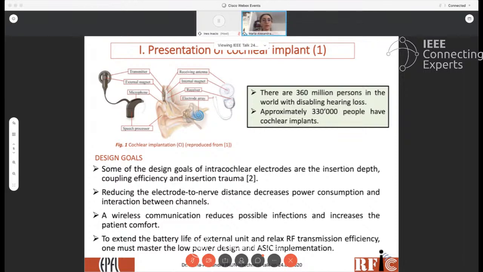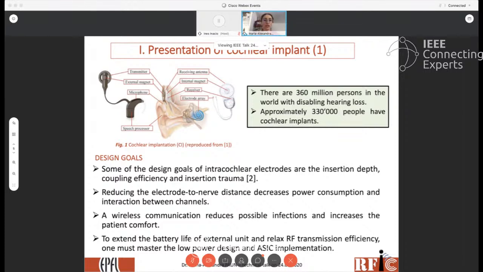If you have a look here in figure number 1, you can see that the cochlear implant is basically made up of two antennas, one on the outside and the other on the inside of the body, which are connected via a radio frequency link, therefore wirelessly. On the outside, close to the ear of the patient, we would have a speech processor equipped with a microphone.